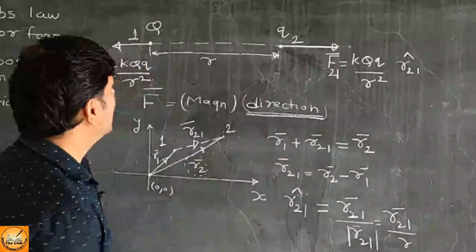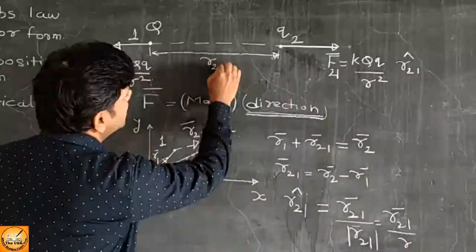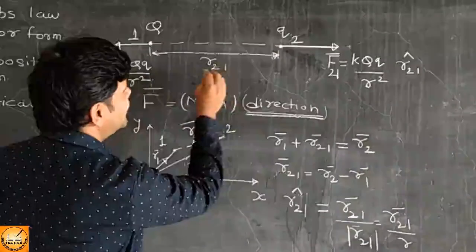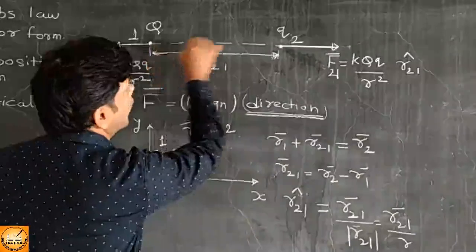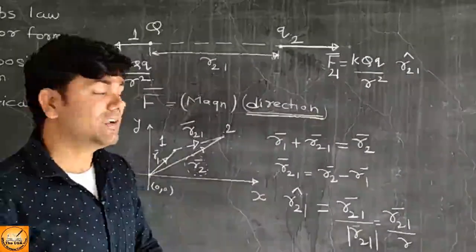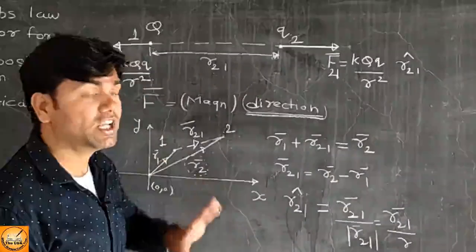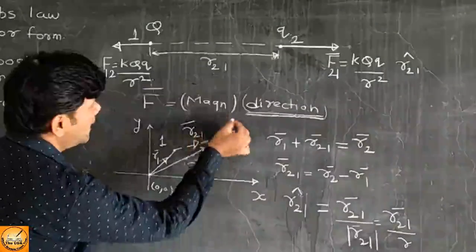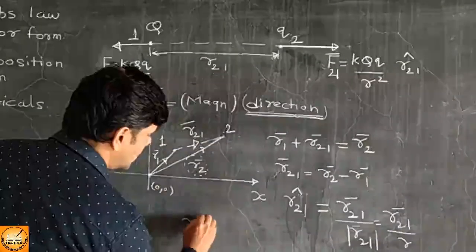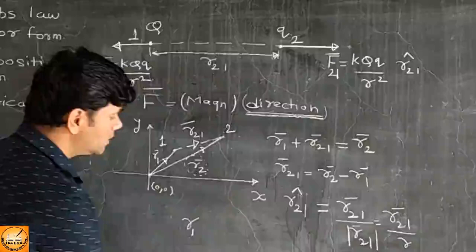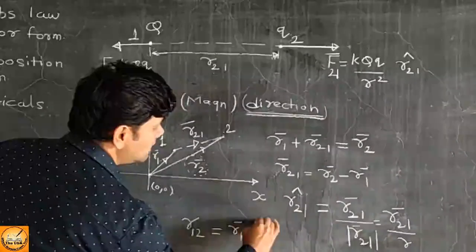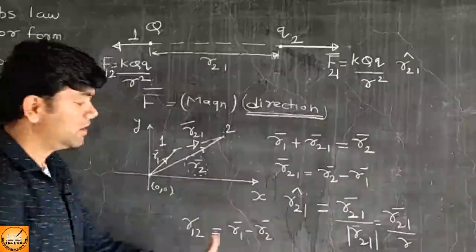So R21, if I am writing here, it means the distance is R21 and the direction is up to 2 from 1, right? Now, if I want to represent the direction opposite, from 2 towards 1, so if I want to write the direction of 1 with respect to 2, that will be equal to R1 bar minus R2 bar, right?